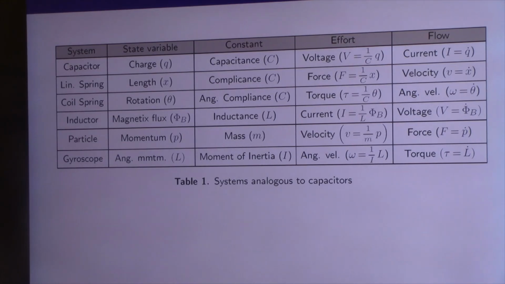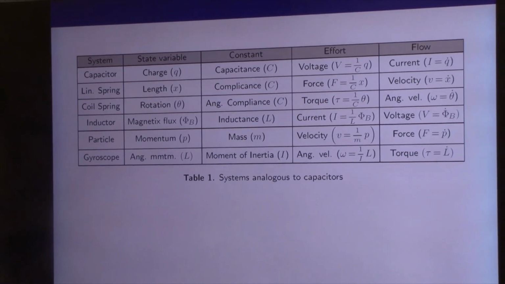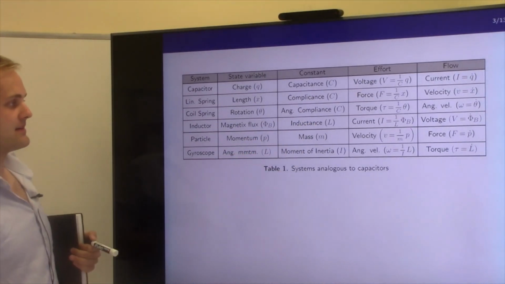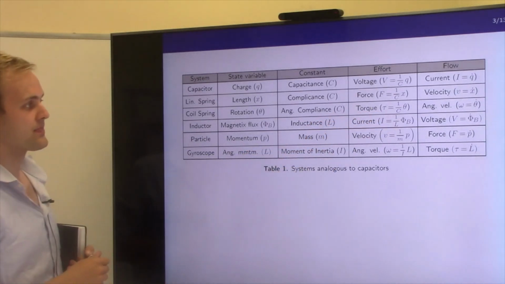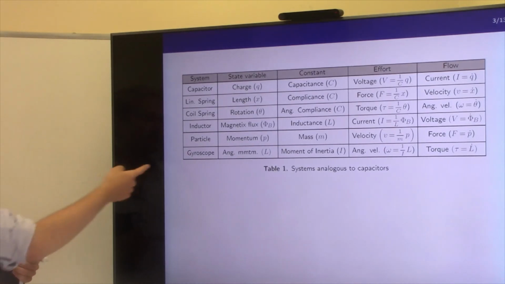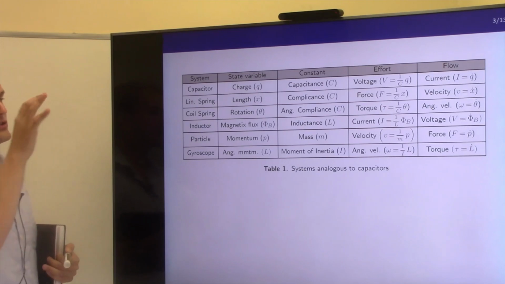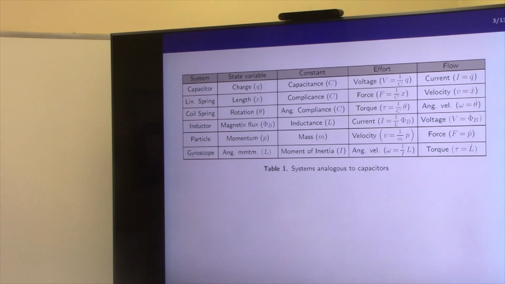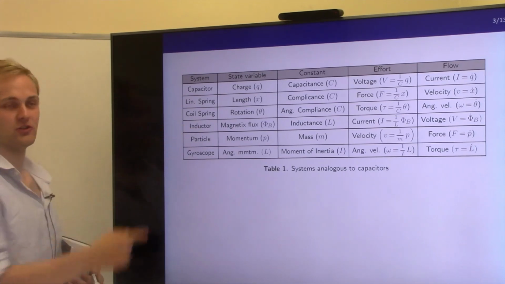But we could also flip these around. So this is where it starts to get a little tricky. For an inductor, the state of the inductor is connected to the current going through it. So there's this property called inductance, and the current is a function of the inductance, and the voltage is the change in the inductance. And this analogy also works from the mechanical perspective. Sort of the dual of a spring is a particle.